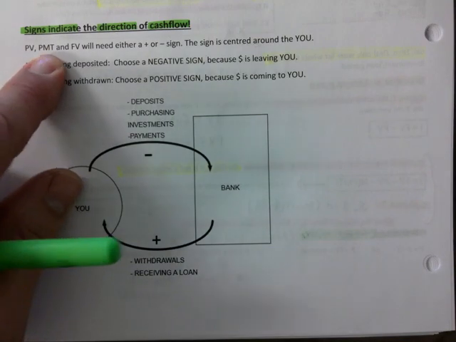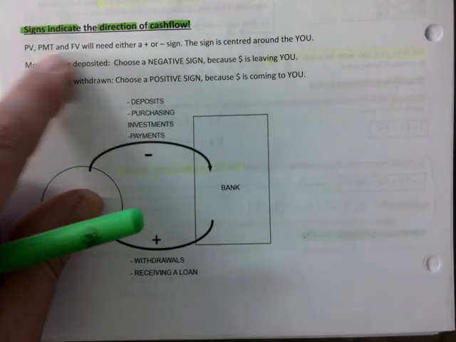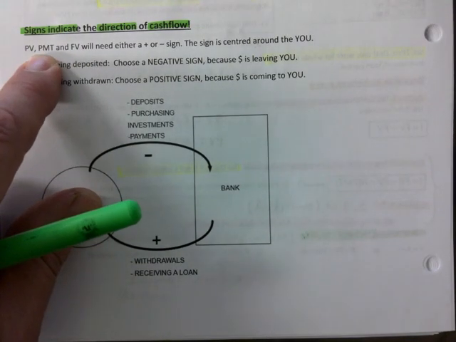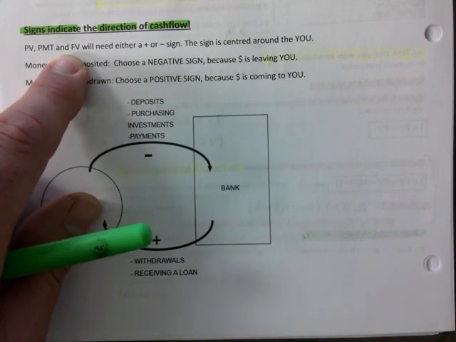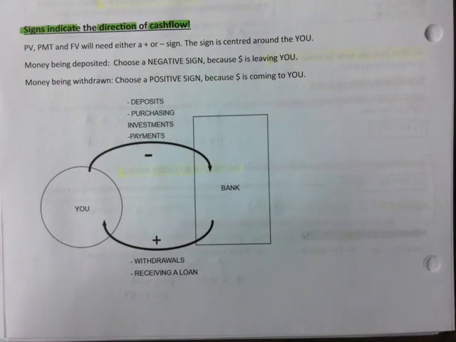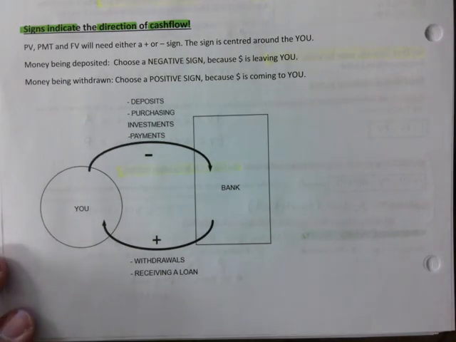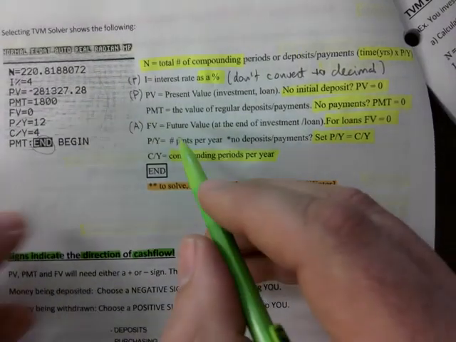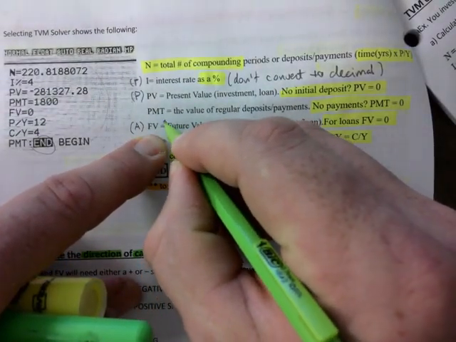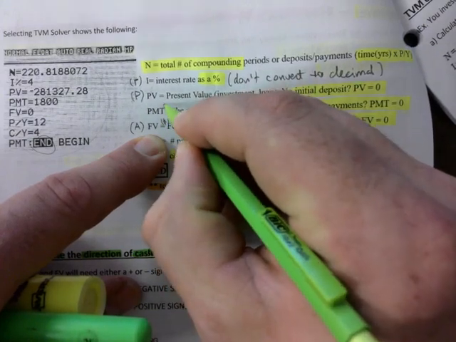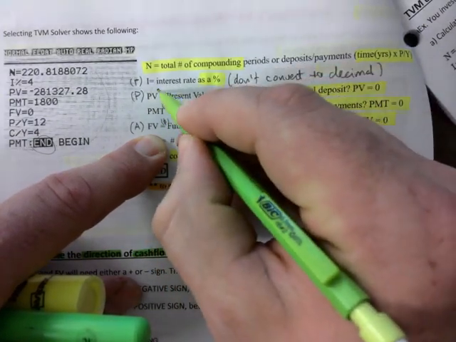PV, PMT, and future value. So the principal, the present value, the payment, and the future value, those are all dollar amounts, by the way. If you're wondering why those three, I'm going to go up here and just say, this is a dollar amount, this is a dollar amount, and this is a dollar amount.